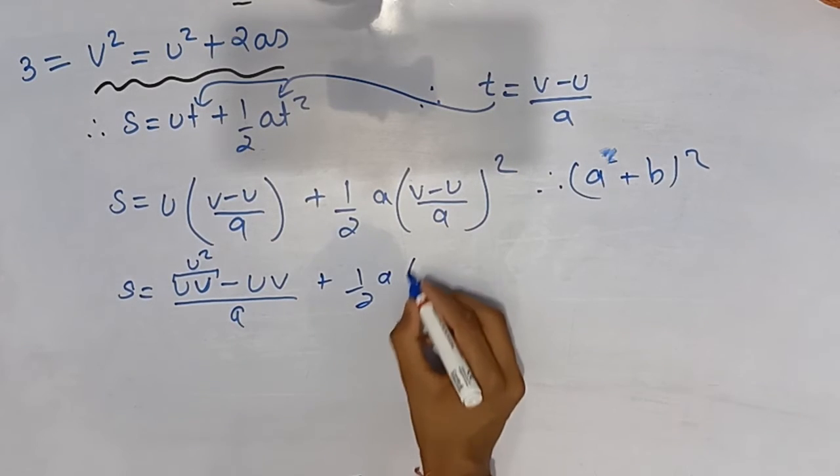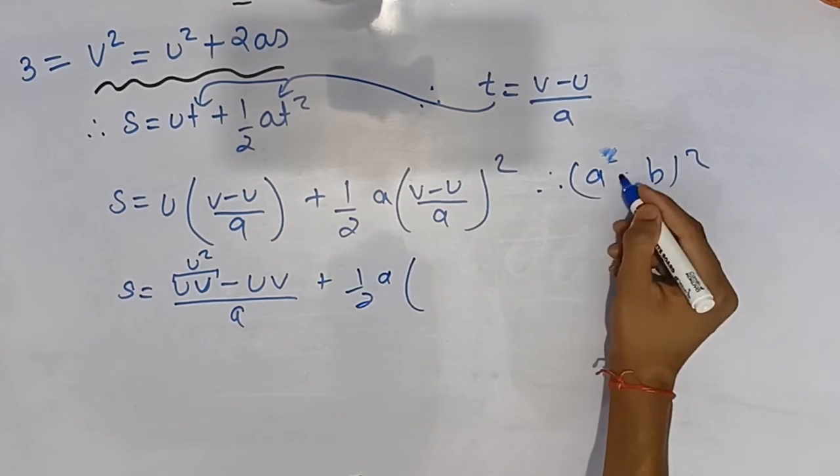So what will we get? We will get the (a - b) whole square property here.